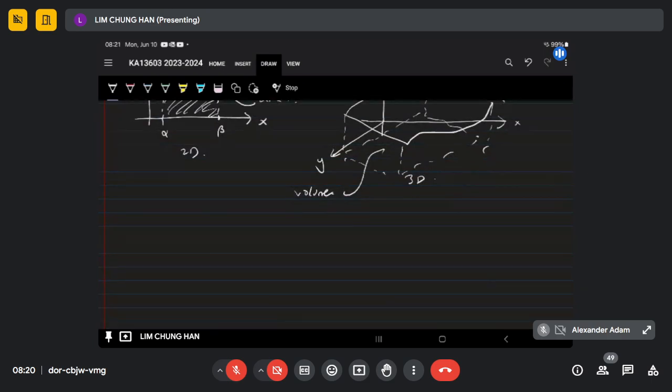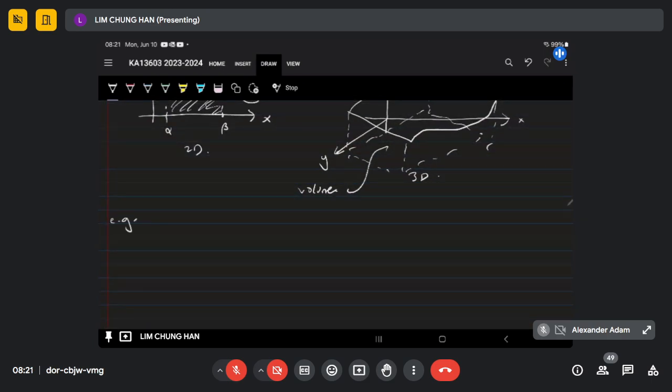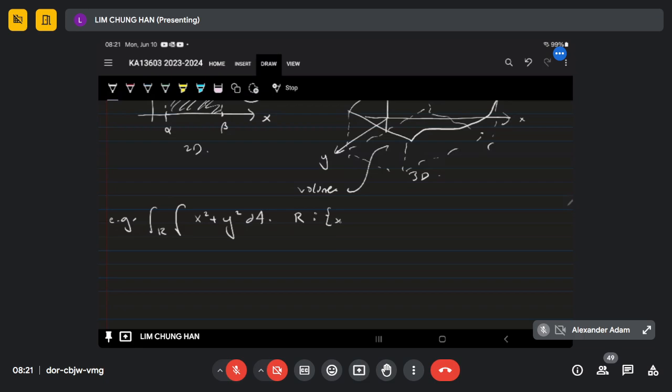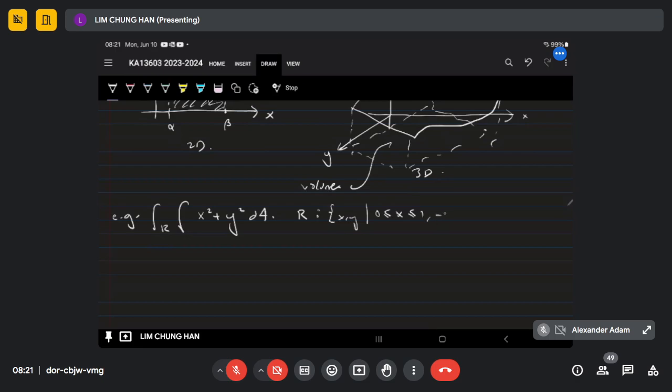Now, the process of doing it. So example: let's say I have this function, and I'm telling you the region is this and this.